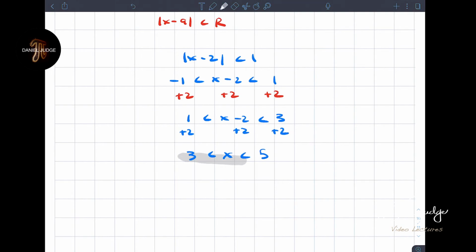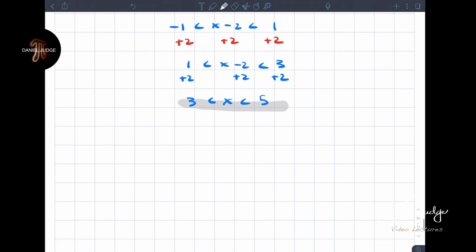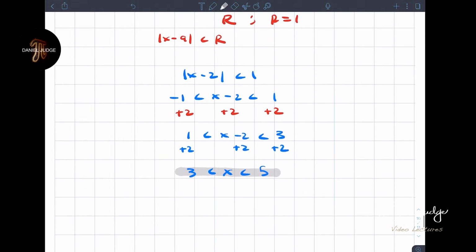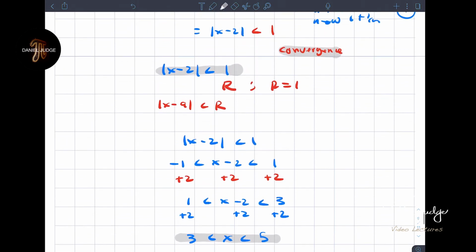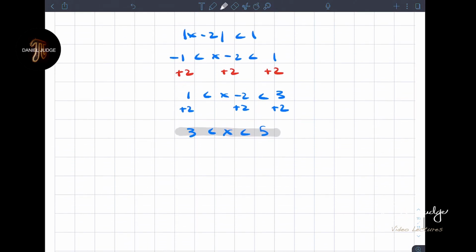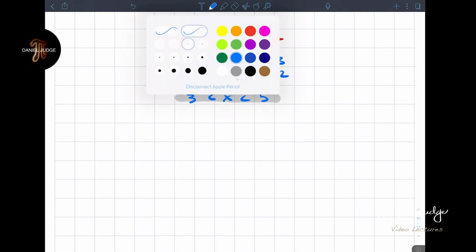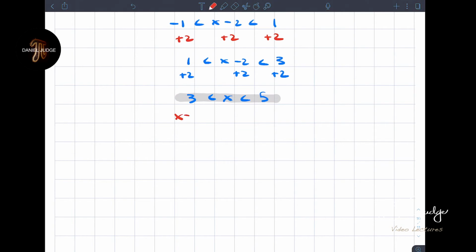So, ladies and gentlemen, this is guaranteed to be convergent by the ratio test, by what we set up here. Okay, outside of these values, we get divergence. So remember, we have to let x is 3, we have to let x is 5, because we have to check the endpoints.